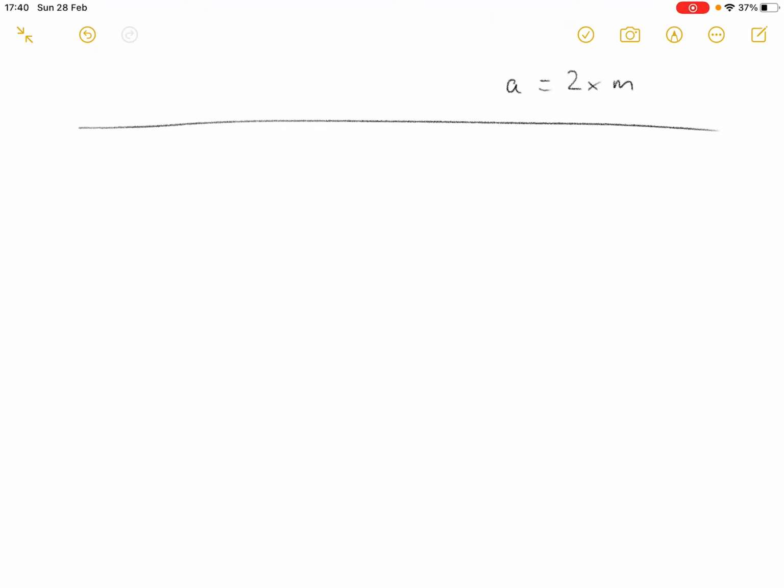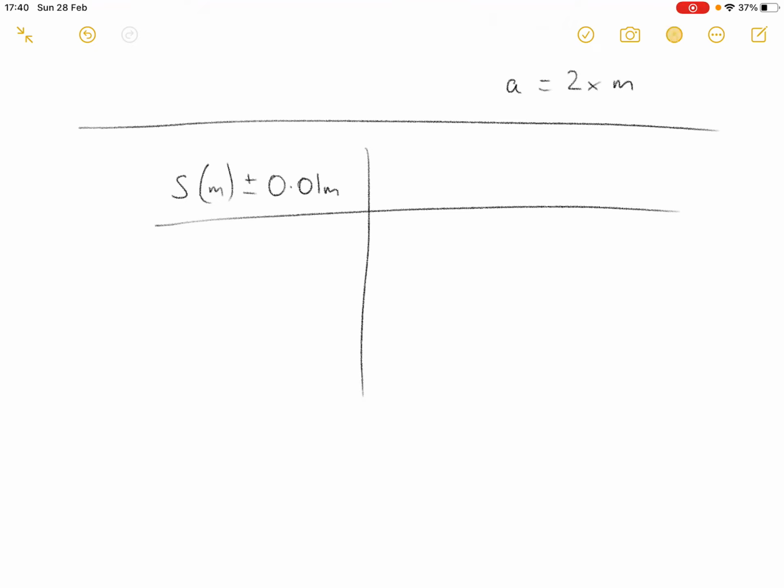Just to summarize, I'm not going to draw the whole table, but I have my distance in meters, and my uncertainty in my case is 1/100 of a meter, 1 centimeter. Over here I have my time, which is in seconds, plus or minus 100th of a second.